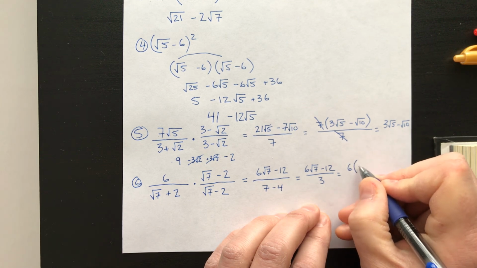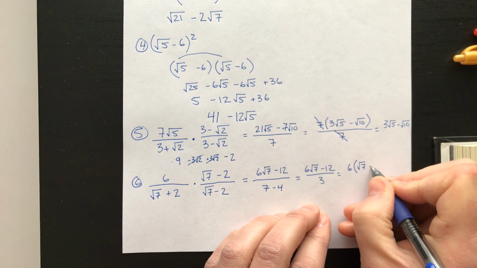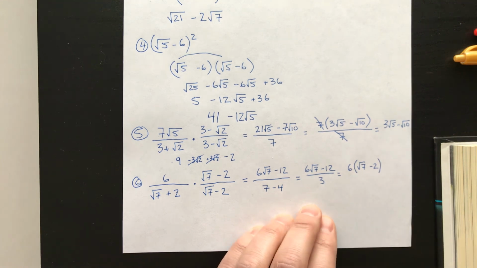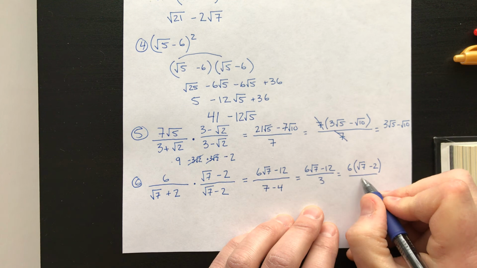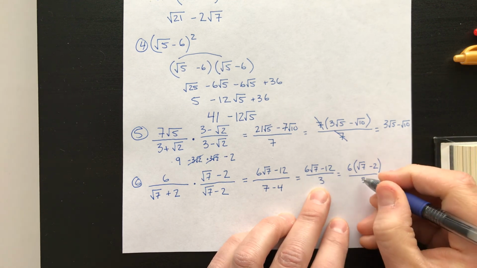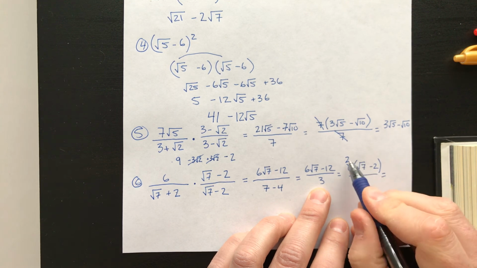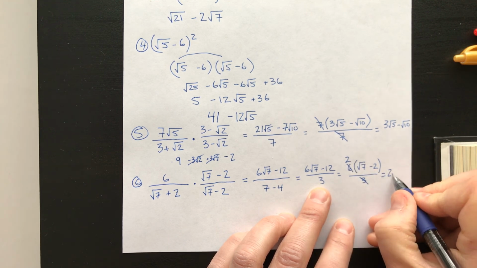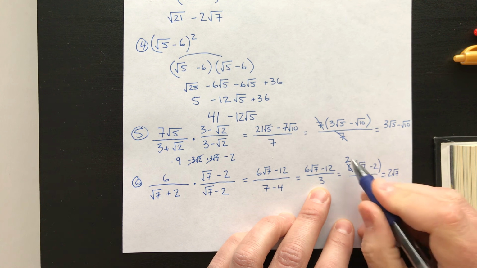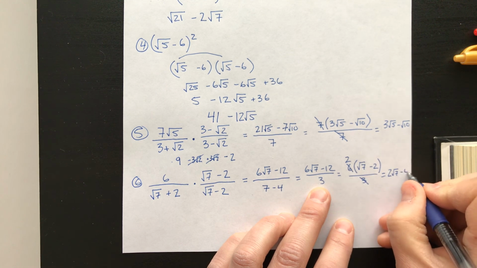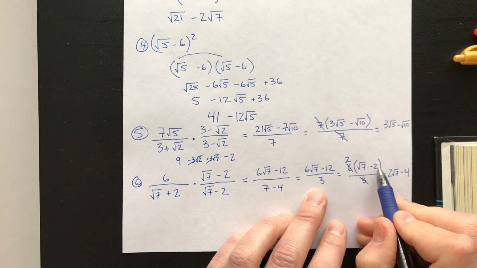If I factor 6 out, I have root 7 minus 2. And the 3 will cancel. So my final answer is 2 root 7 minus 4, because of the 2 times the 2.